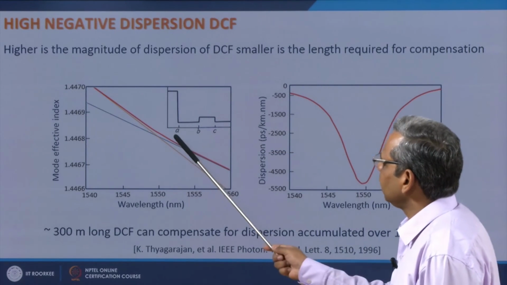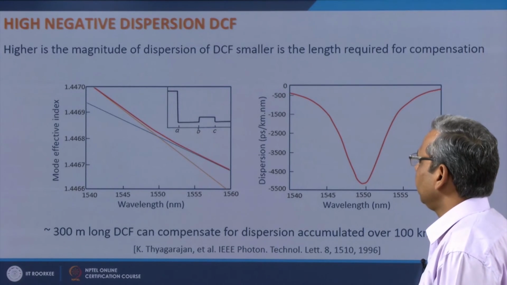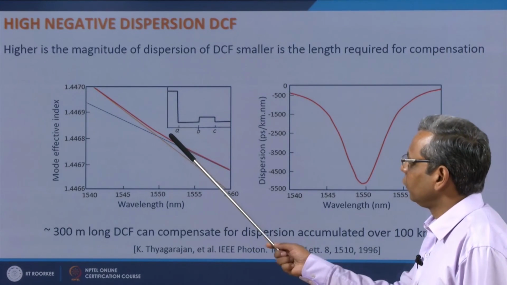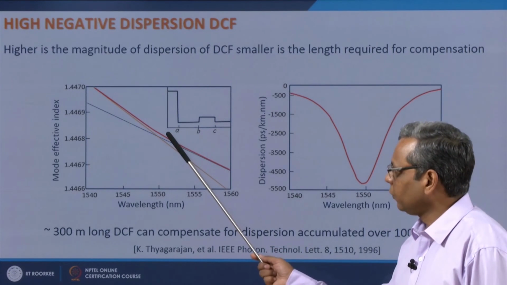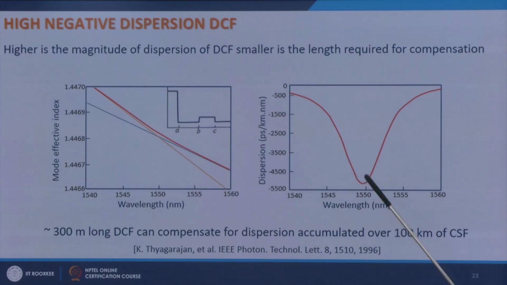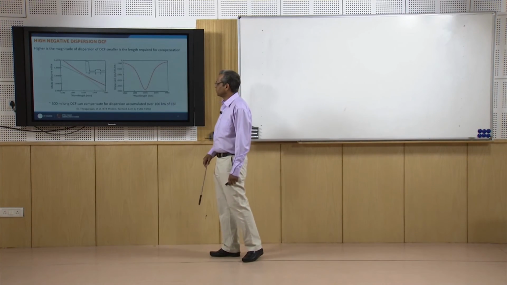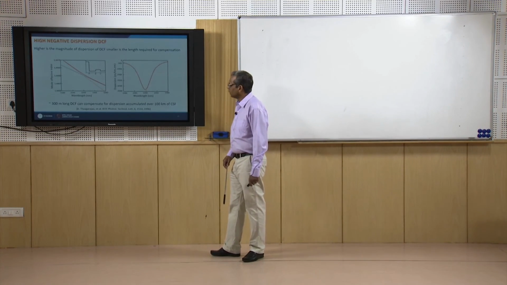Because of the change in curvature at this point, you will have a very high value of the second derivative of n effective, which gives you very large negative dispersion. So, you can achieve very large negative dispersion at a wavelength.